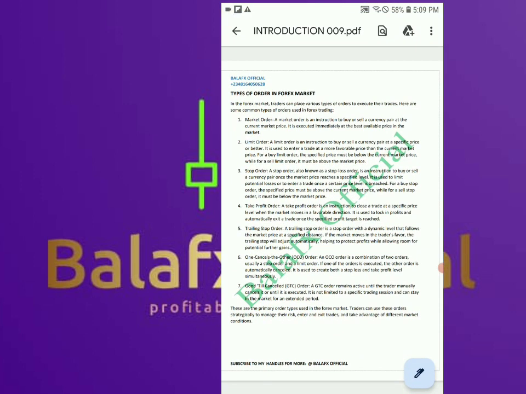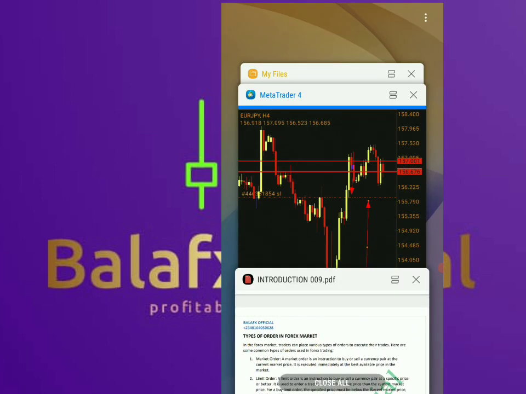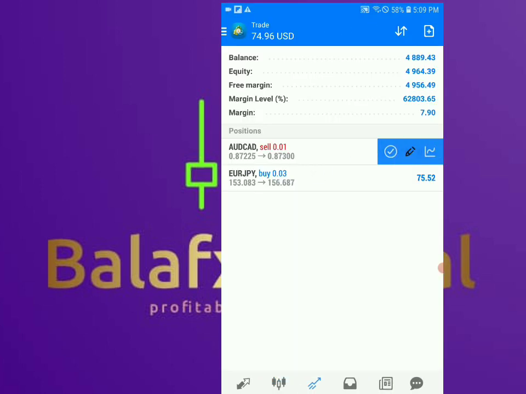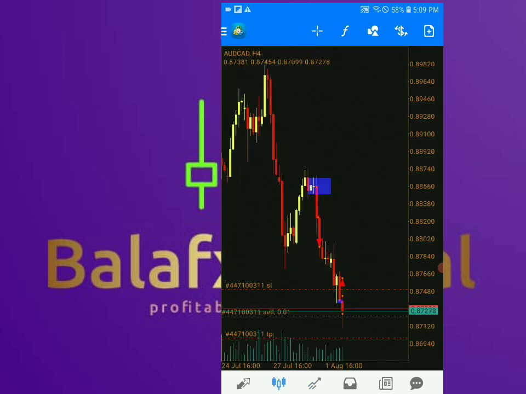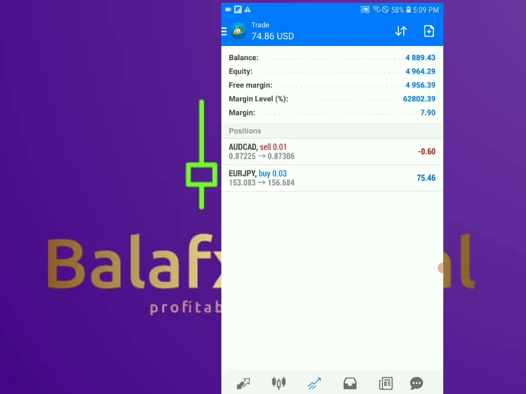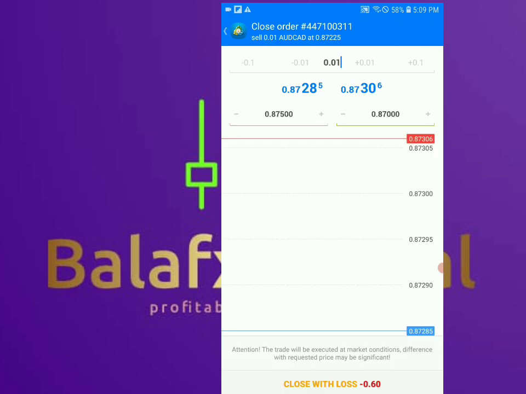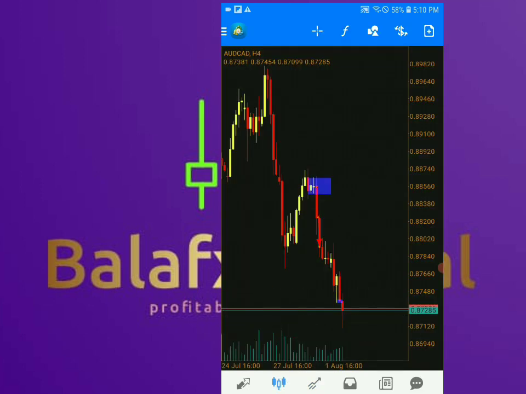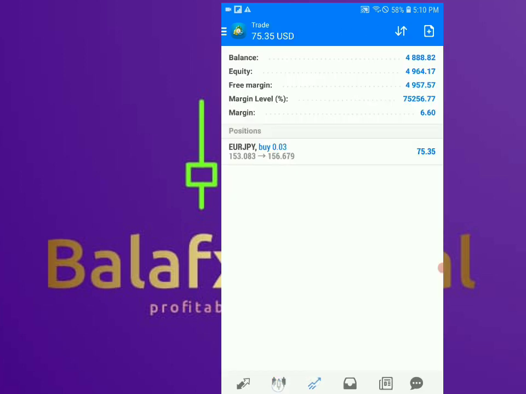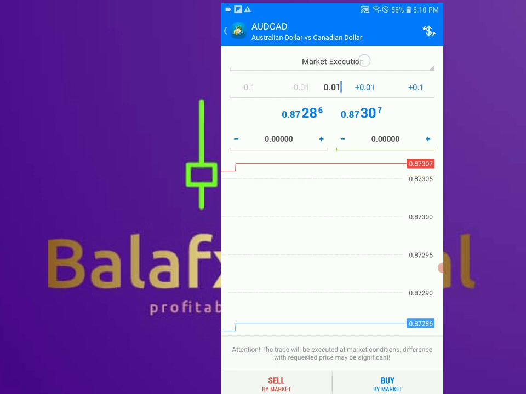Then one cancels another. One cancels another is if you set a price when it has reached the market time. This is what it means in one cancels another. Let me do this. Like you will set this.